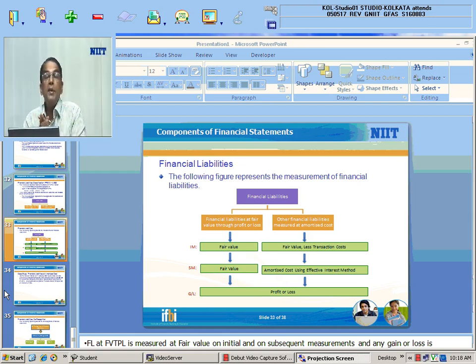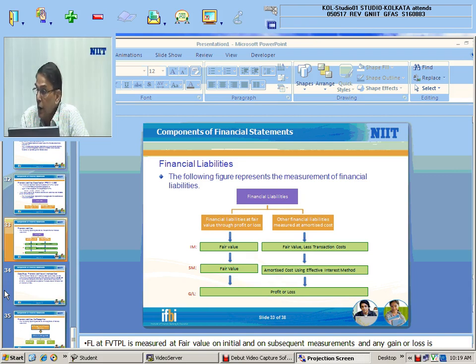So more or less the same measurement principle applies here as in the case of financial assets under IFRS 9. So for financial liabilities measured at fair value through profit and loss, the initial measurement is at fair value, subsequent measurement also at fair value, and the difference will be transferred to profit and loss account.